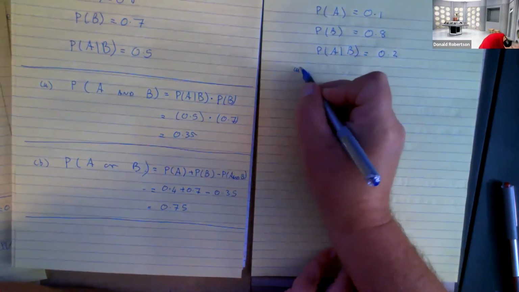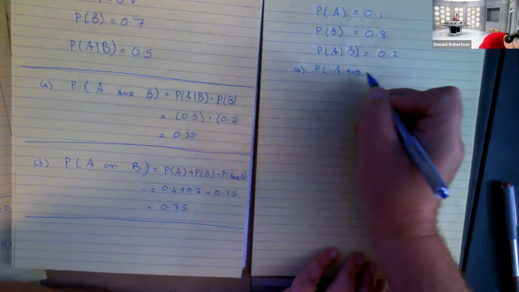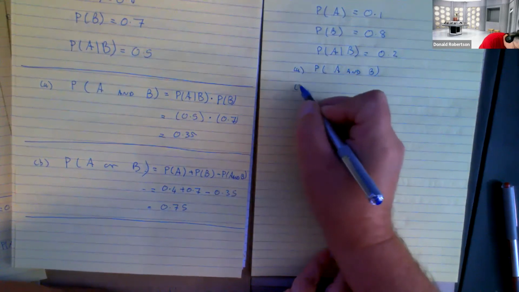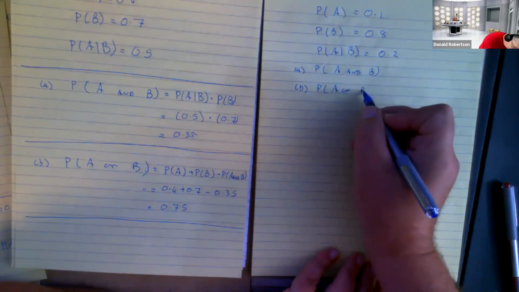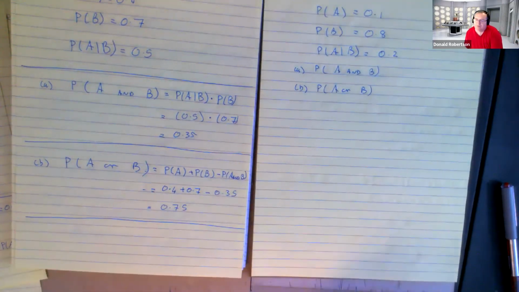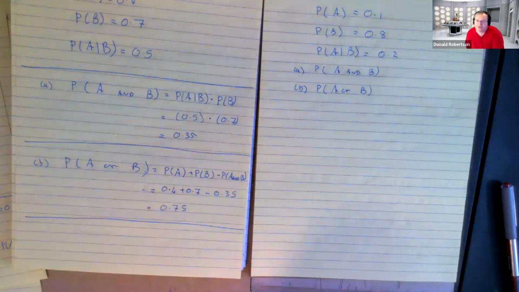And we're going to be asked to find the probability of A and B and the probability of A or B. Right, that's two guys. Are these two events independent? A and B, are they independent?